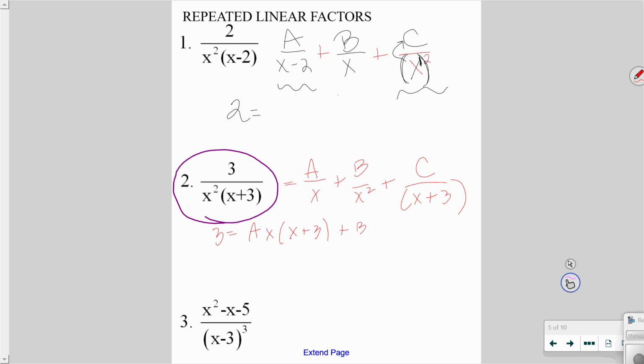Because this line right here is kind of the base of how you're getting all of your answers. But people always tend to try to skip that step. People also would do x squared times x plus 3 times x plus 3 times x cubed. That's not the LCD. This is the LCD.